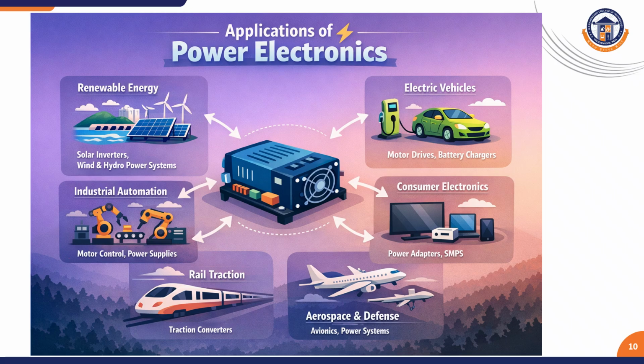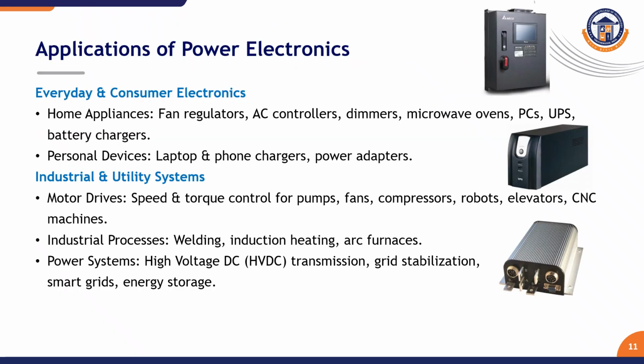This slide shows some of the power electronics applications in different areas: renewable energy, industrial automation, railway traction, aerospace and defense, consumer electronics, and electric vehicles. In all these places, power electronic circuits play a major role in the conversion and utilization of energy. I have given the applications here.